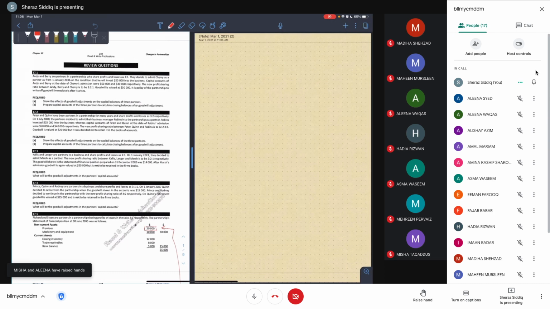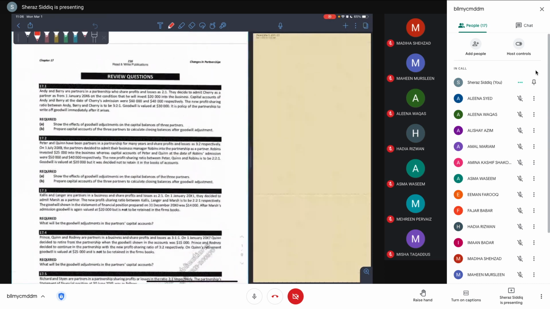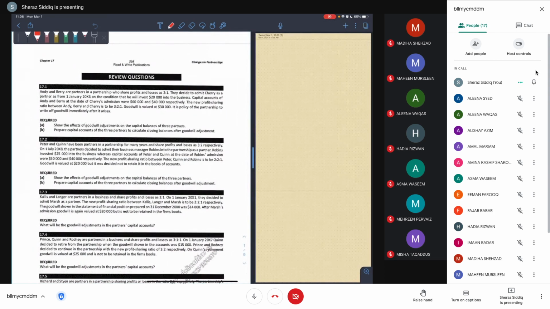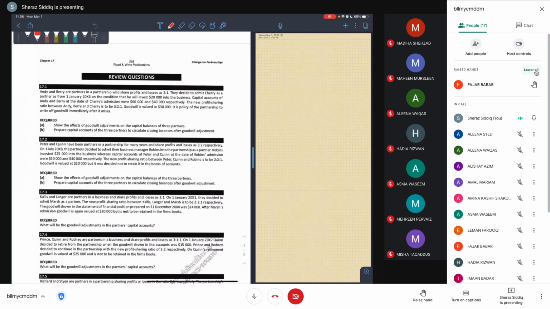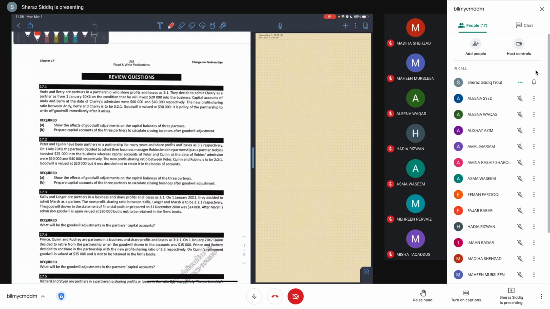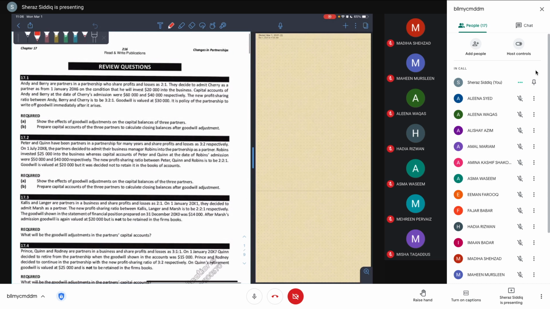Now, let's go through this question. We are going to use this question as an example to understand the treatment for goodwill. What will the double entry treatment of goodwill be? Andy and Barry are partners in a partnership business, and share profits and losses in a 2-to-1 ratio.